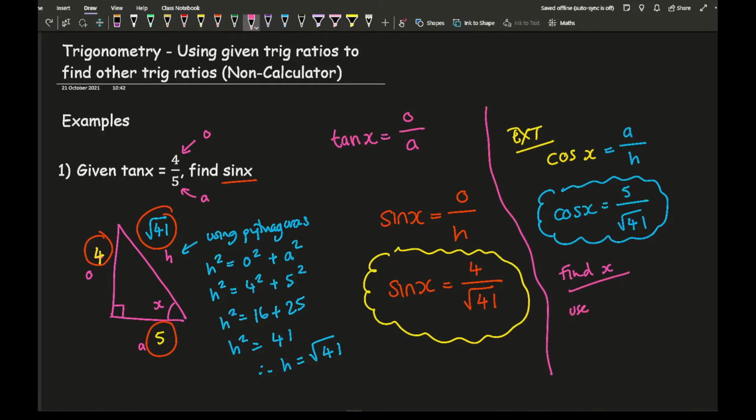And for that it's a pretty pointless question, because all I then have to do is, if tan x equals 4 over 5, then x is going to equal the inverse tan of 4/5, and if I just reach for my calculator and put that in, I get an answer of 38.7 degrees to 1 dp. But again, if it's a non-calculator paper, then this won't be expected in terms of finding x. What they'll be wanting you to do is either find cos x or sine x.